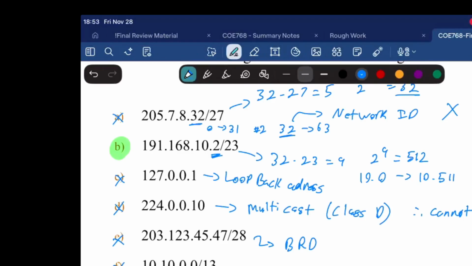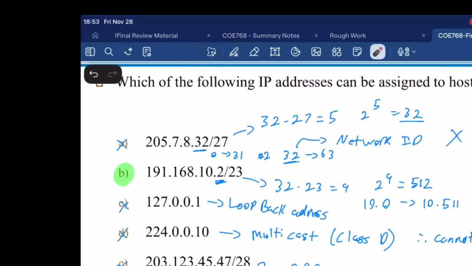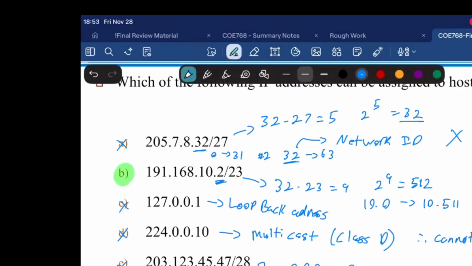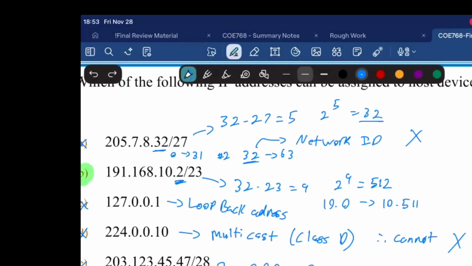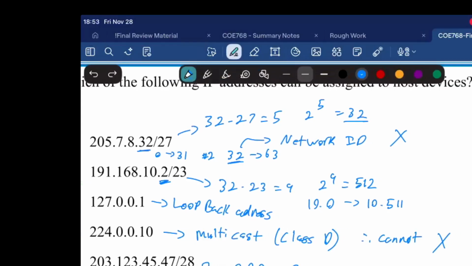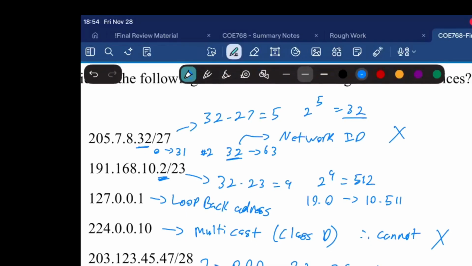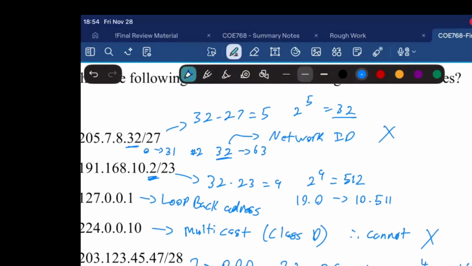But the reasoning behind it is that if you were to follow the same kind of sequence as above, if we were to do 32 minus 28, so this is where the 28 is coming from. 32 is the number of bits within an IP address, and we get 4. And once we do 2 to the power of 4, we have 16 total addresses that we can assign.